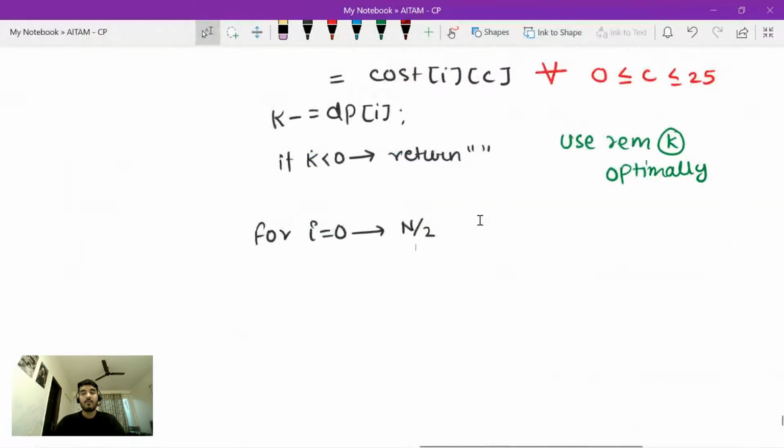So how will I use the remaining k values optimally?